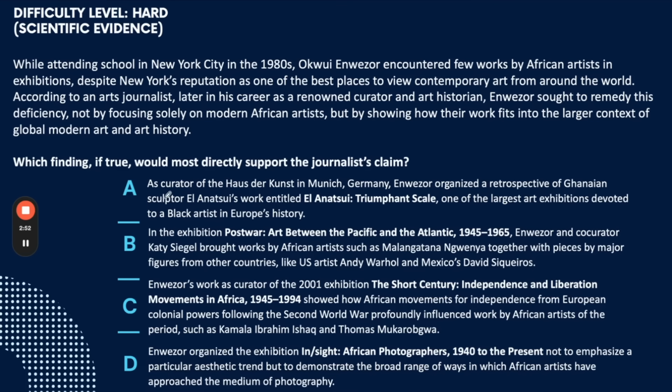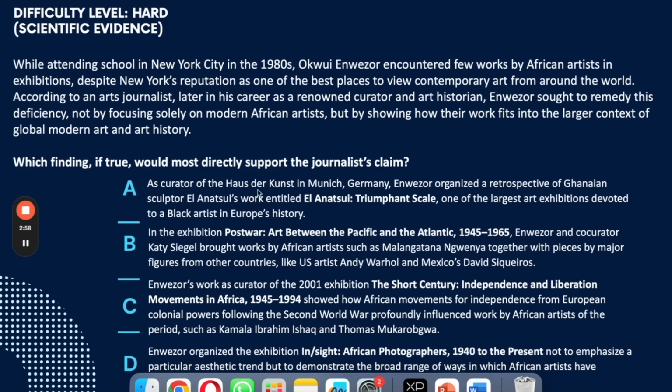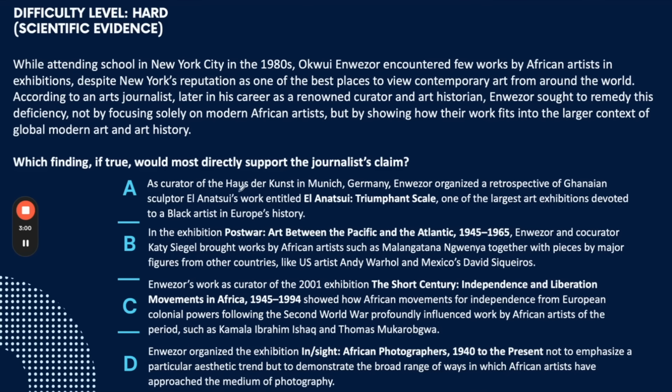Okay, let's look at A. As curator of the HDK in Munich, Germany. So, the problem here in all the options you'll see is that they have used a lot of difficult names. And the moment you start trying to pronounce all of them, you are going to get trapped in, right? So don't try and pronounce all these names.